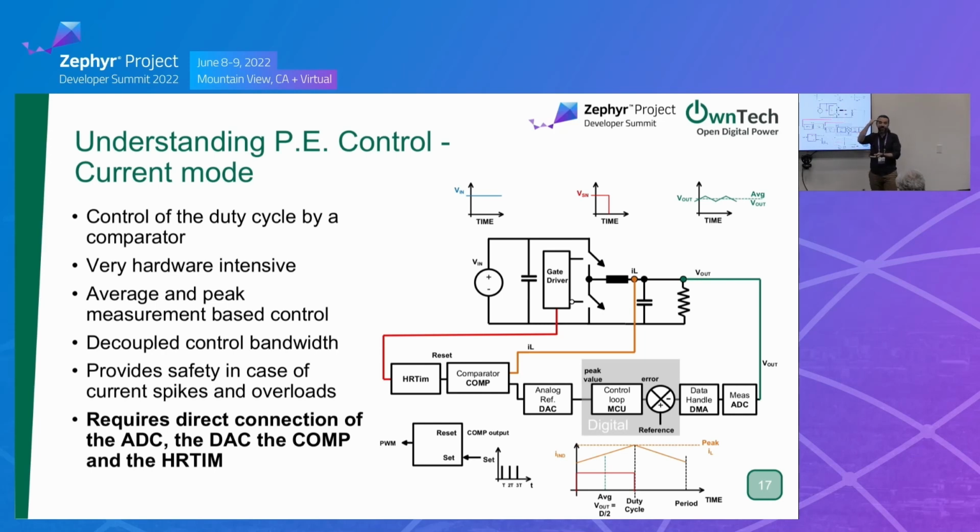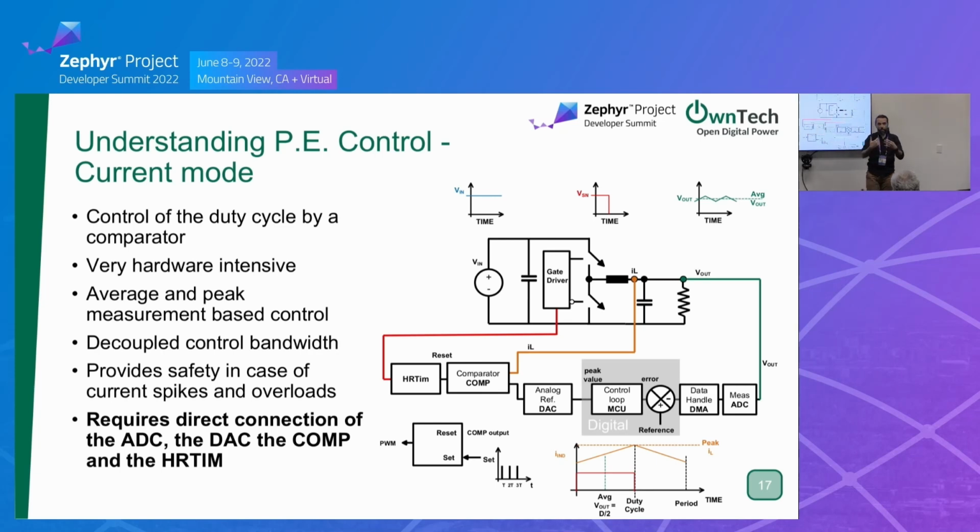It is the setting of the threshold that is taken by this slower control loop, right? So on this slow control loop, we're basically in the same ballpark. We have the ADC, the DMA, the MCU, but then suddenly we have a DAC that is generating our threshold, goes into the comparator and goes into the HR timer.